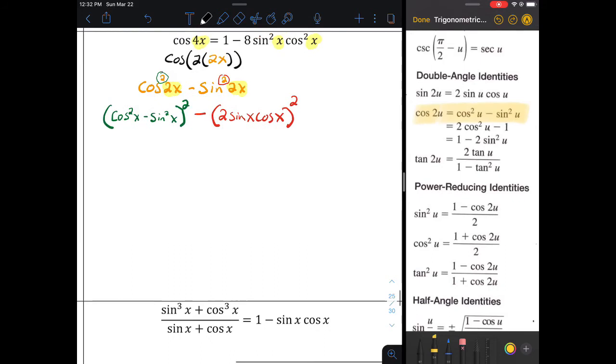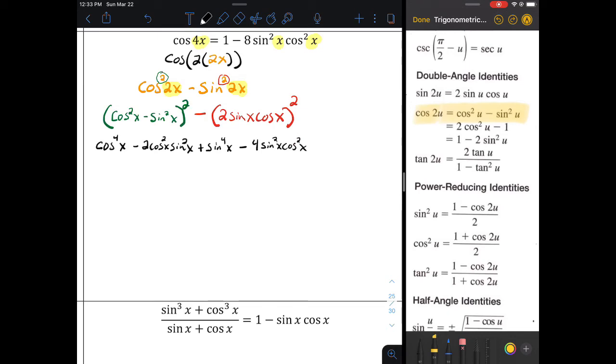But this gives us cosine to the 4th x minus 2 cosine x sine x plus sine to the 4th x minus 4, actually those should be squares, cosine squared and sine squared, minus 4 sine squared x cosine squared x.